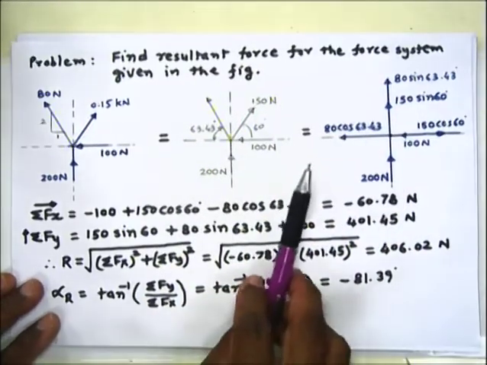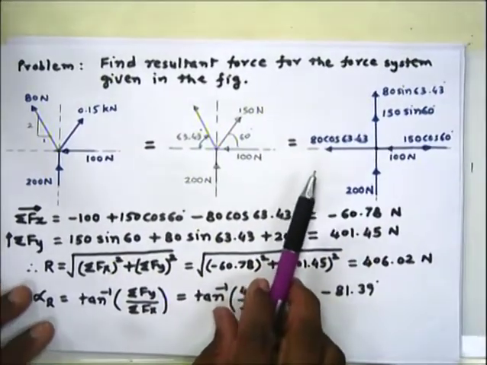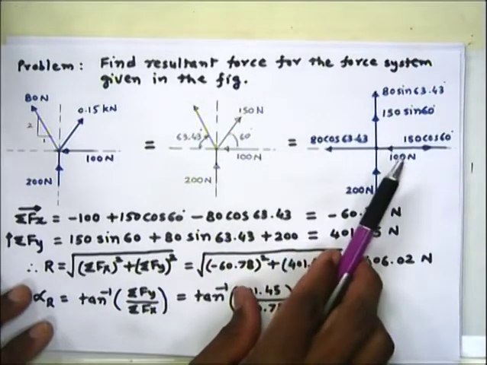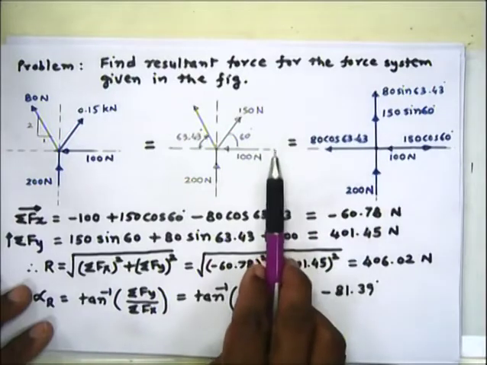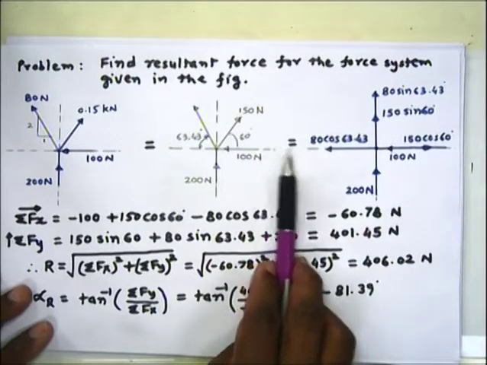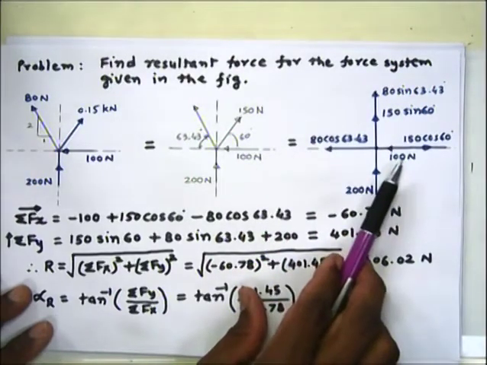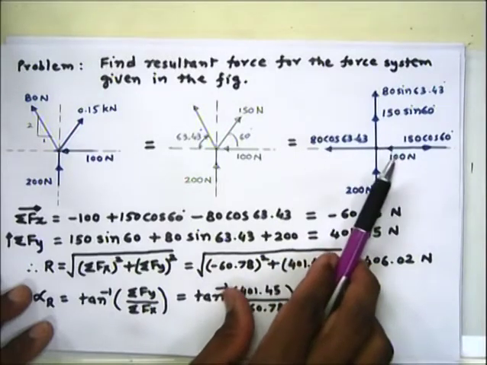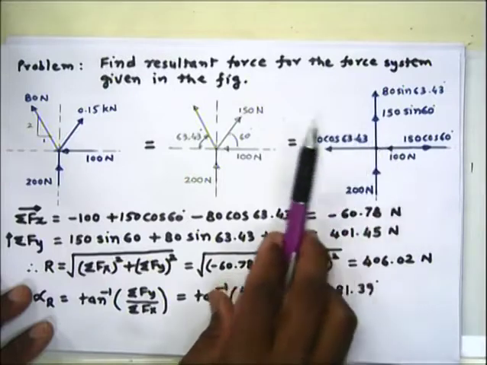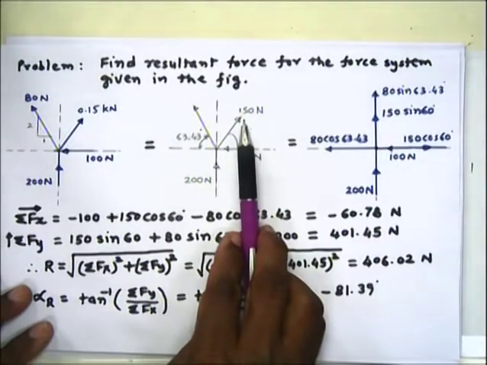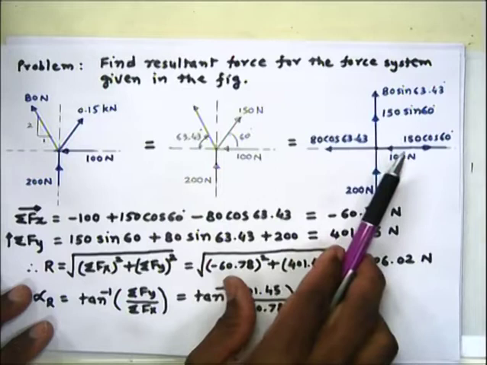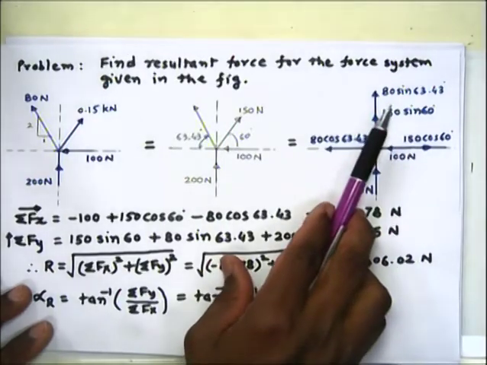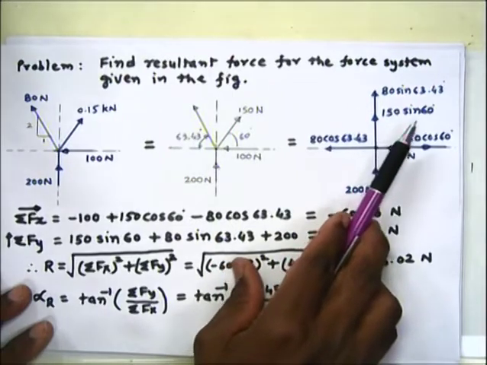Now the next step is to resolve all forces. Considering this axis as the x-axis, the 100 Newton force is acting towards left, so the arrow will be towards left. Then the resolved components of 150 Newton are 150 cos 60 horizontally, and the vertical component is 150 sin 60.